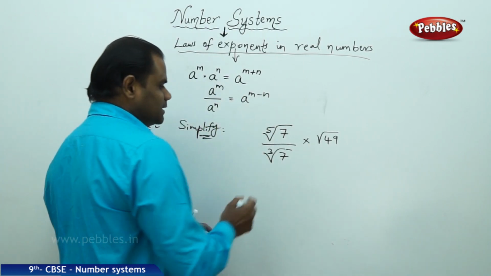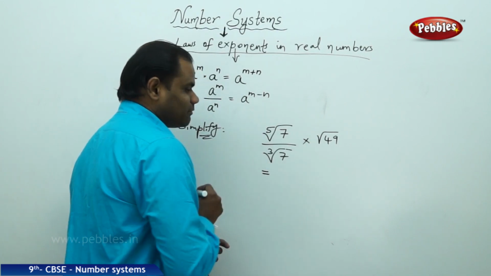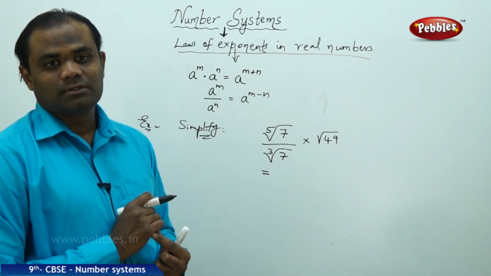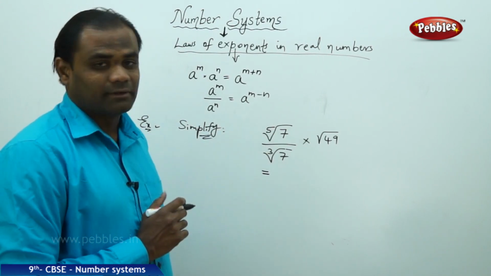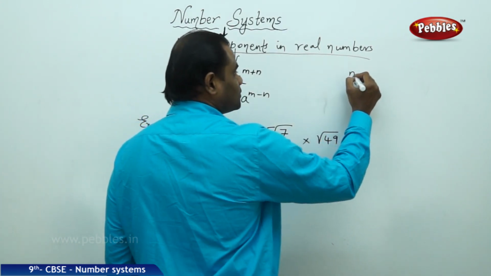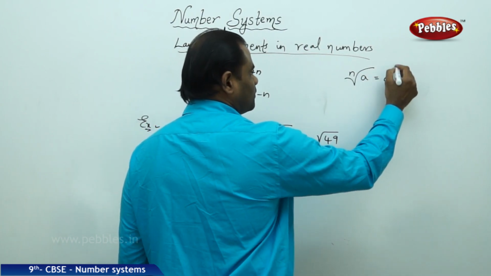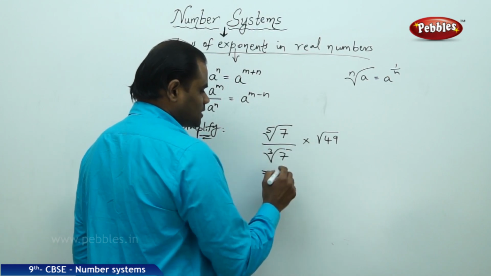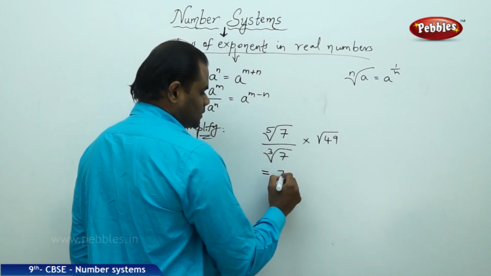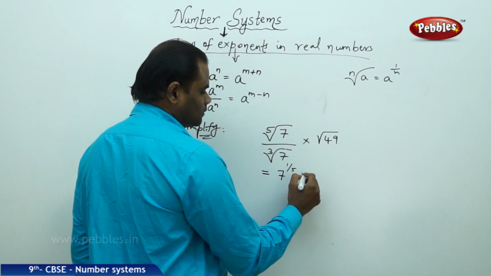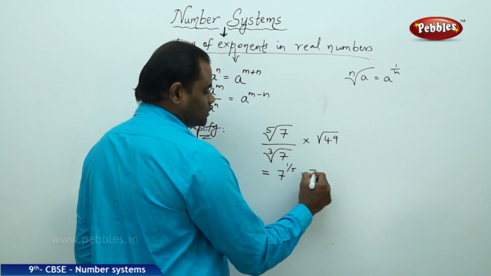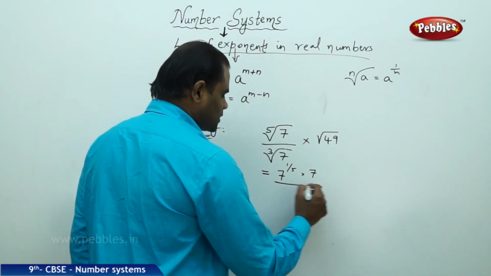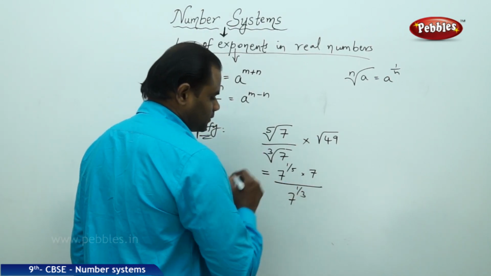Now clearly I see that this can be simplified initially by extracting the roots. So because it's in the fifth root of 7, we understand that nth root of a is a power 1 by n, and hence fifth root of 7 is 7 power 1 by 5, and root 49, which is 7 because root of 7 square, and cube root of 7 is 7 power 1 by 3.